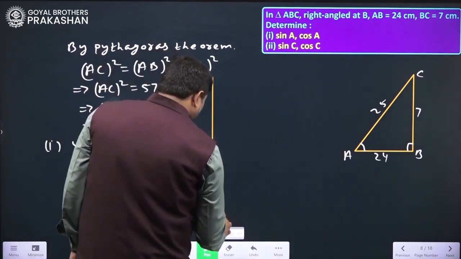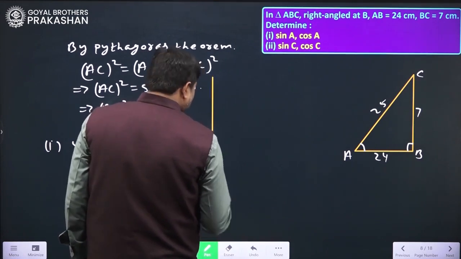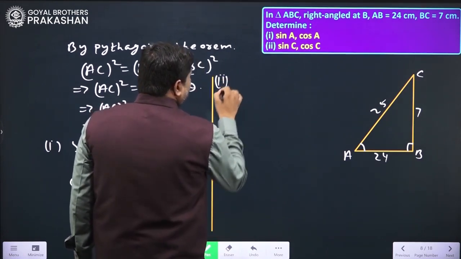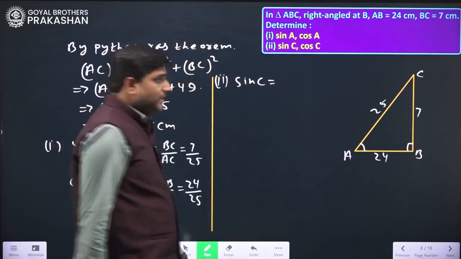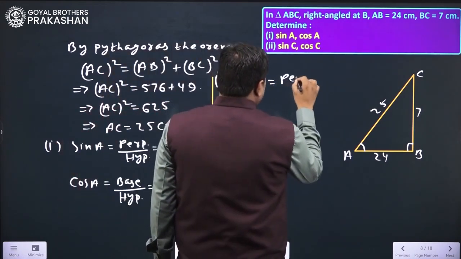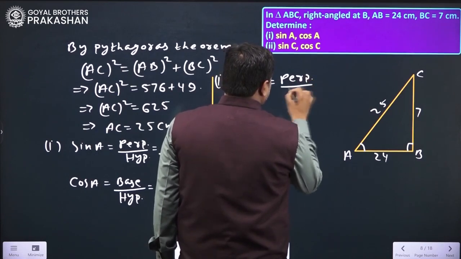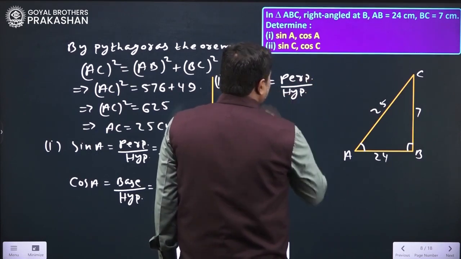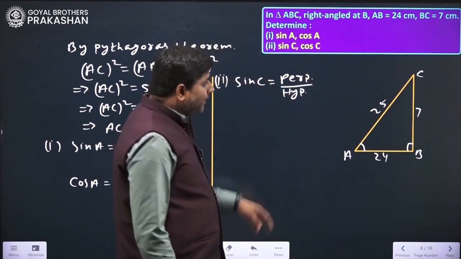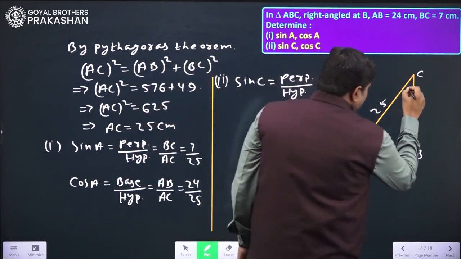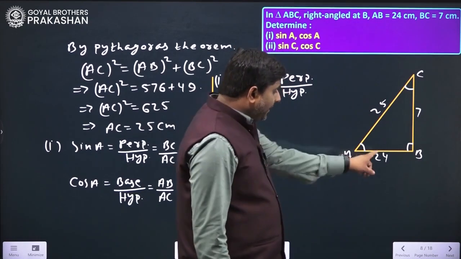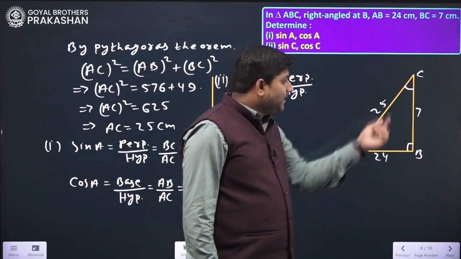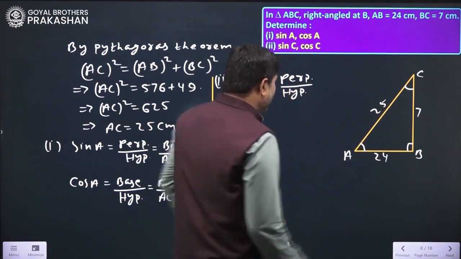Now second part of question. In this we have to find sin C and cos C. So sin C, sin is again perpendicular by hypotenuse. And for angle C, now listen, for angle C perpendicular is AB because side opposite to angle C is AB.